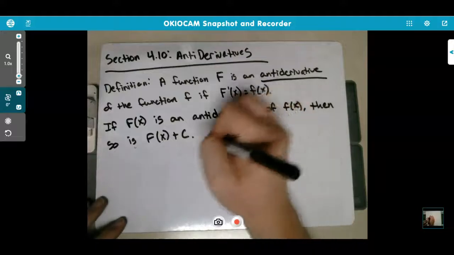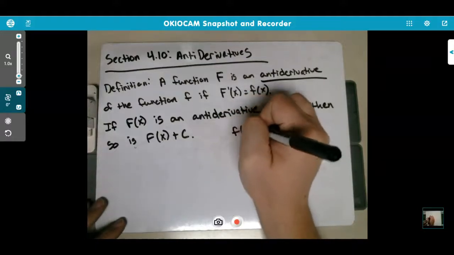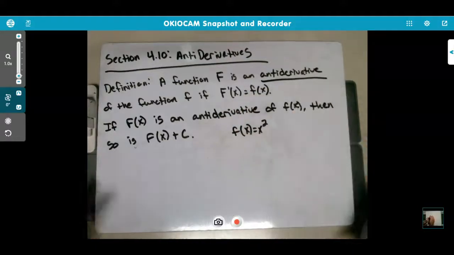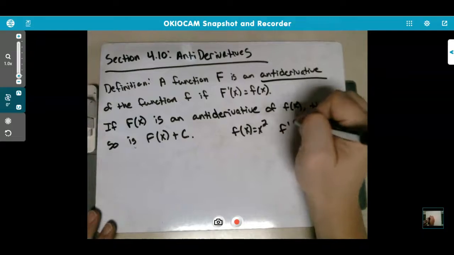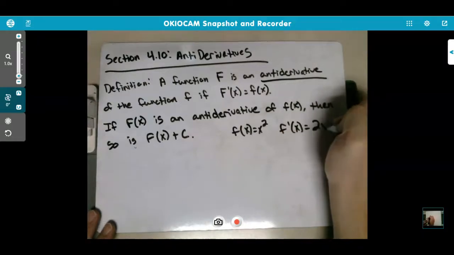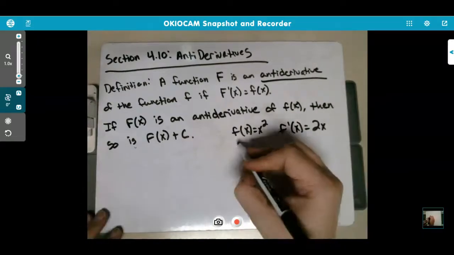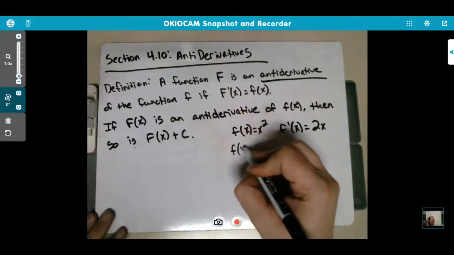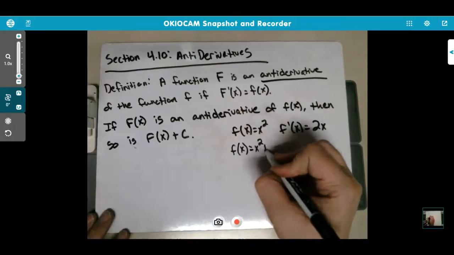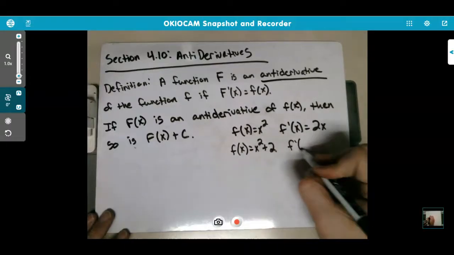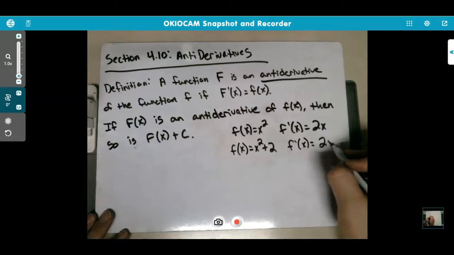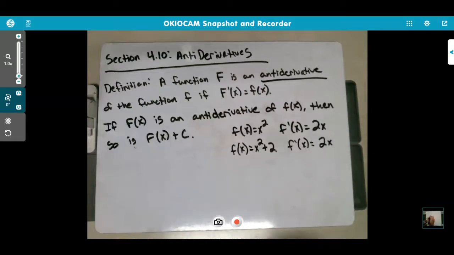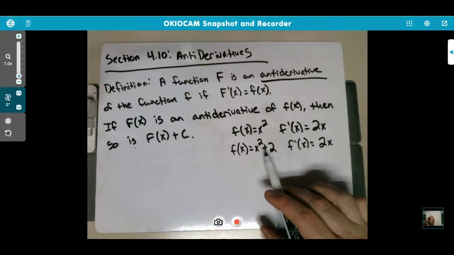Let's say f of x is equal to x squared. Well, as we know, the derivative of that is 2x. But if I have x squared, let's just say plus 2, the derivative of that is also 2x. So the derivatives are the same whenever I only add a constant.